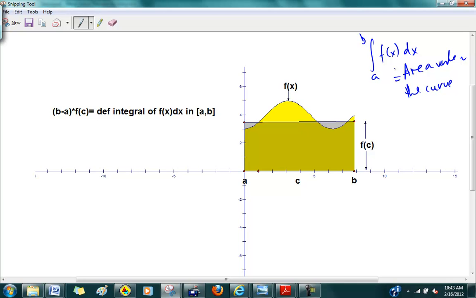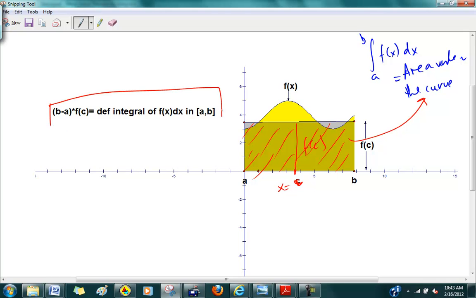The mean value theorem is telling you that there is some point c where if you are to draw a rectangle whose height is f(c), then that area is going to be equal to the area underneath the curve. And this is what it means, right here. I couldn't do the definite integral of f(x) dx in this application, so I'm going to write it down.